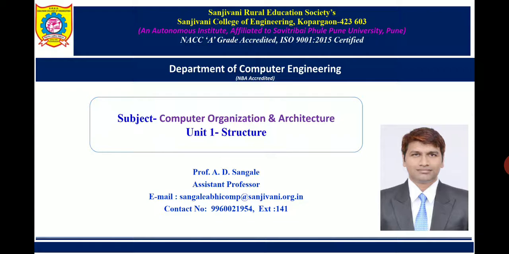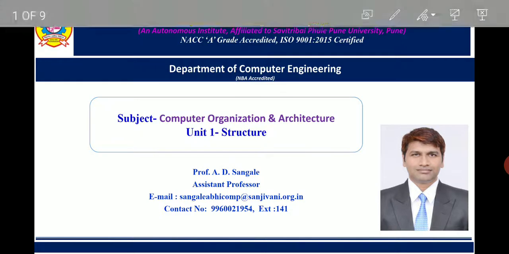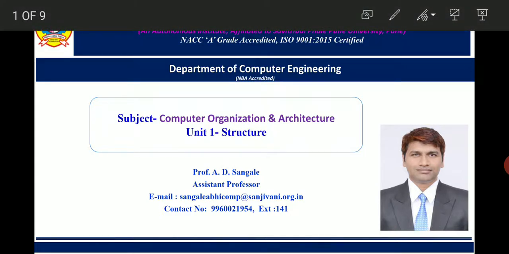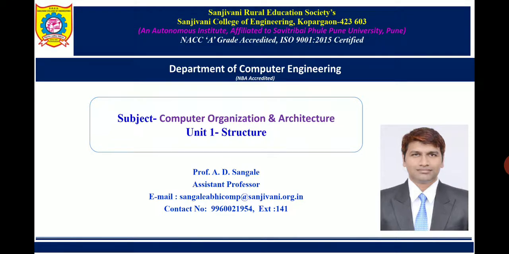There are multiple systems available or multiple architectures. You might have heard about AMD processor, Intel processor. The architecture of these processors are different from each other, right? But some organization is to be done for understanding it.